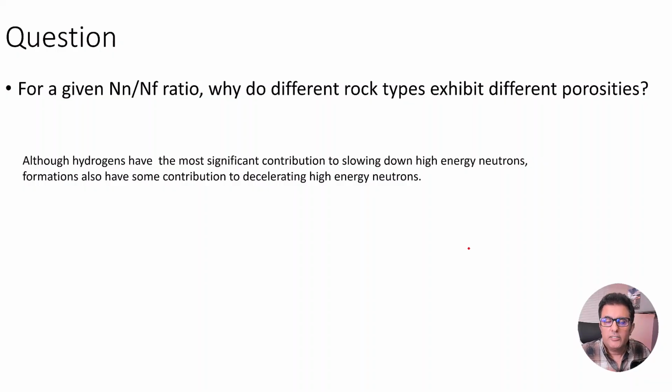Indeed, the rock matrix also attenuates neutrons, but not that significantly compared to hydrogen. And that's the reason you see that we need some idea about lithology, because the rock matrix also has some contribution to neutron attenuation.